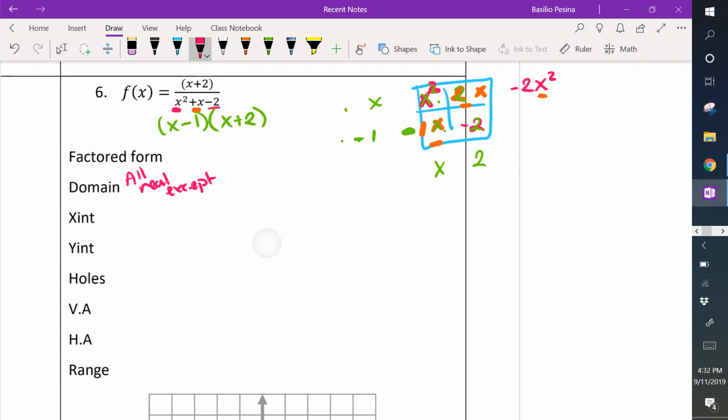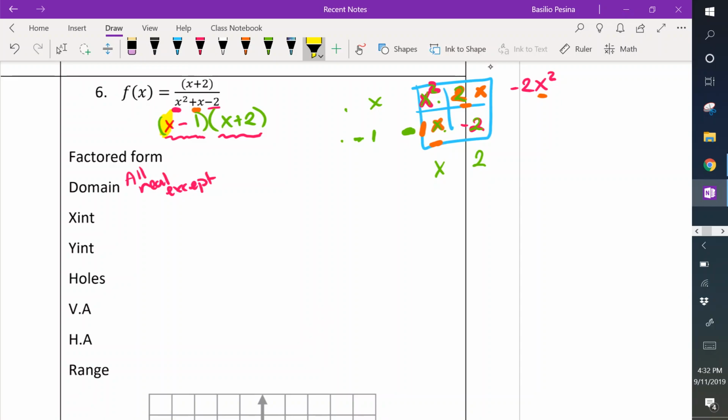And I can see these terms right here, the factored form of the denominator, this x minus 1 and this x plus 2. Now, I can divide by any number except when I have 0. So what is that number? What is this number x that will give me that discontinuity?